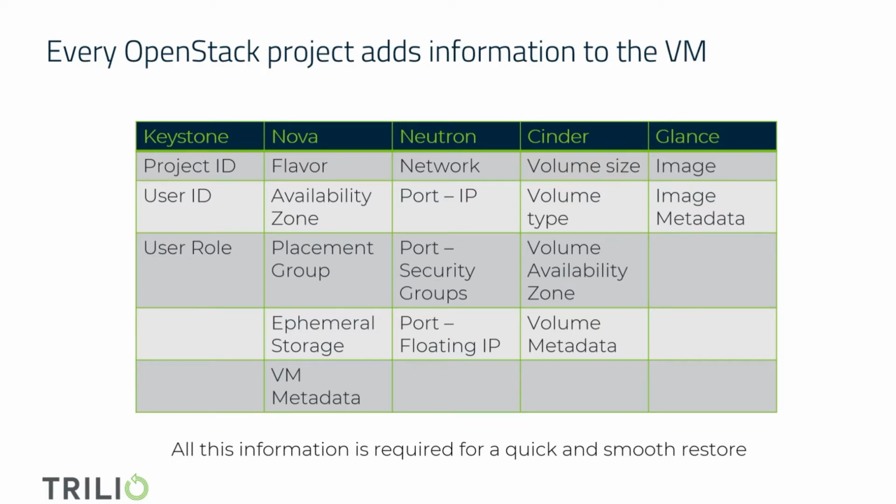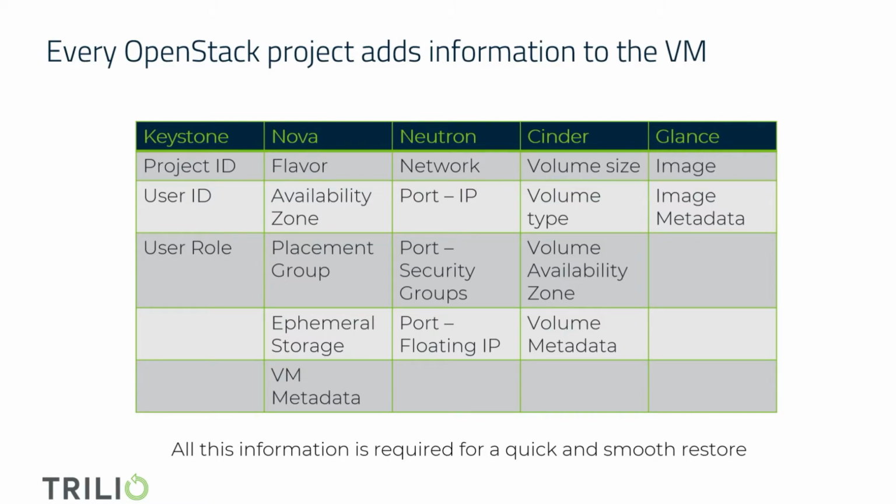But also less obvious elements like the placement group. That is something that is often forgotten. But the placement group has been decided for a reason when the virtual machine was created. And it is necessary to have this information so that it is possible to restore the virtual machine where it belongs to. And it is also necessary to have all the networking information so that the virtual machine, once it is restored, is directly capable of working again. So that the tenant, the user, is not required to do additional manual steps.